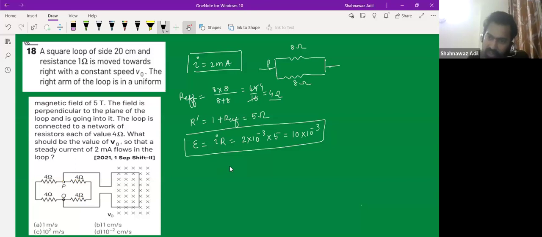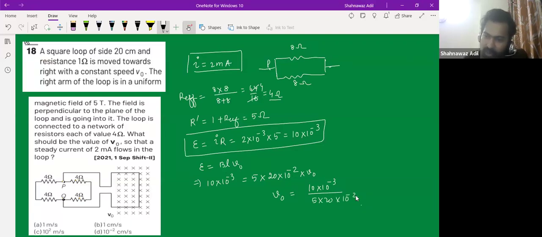This is related with BLV naught, so 10 into 10 to the power minus 3 equals magnetic field 5 Tesla, length 20 centimeter, which is 20 into 10 to the power minus 2, and we have to find this V naught. So V naught would be 10 into 10 to the power minus 3 divided by 5 into 20 into 10 to the power minus 2.